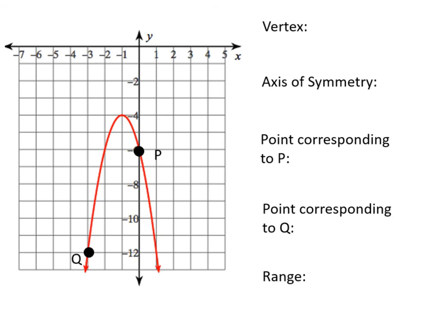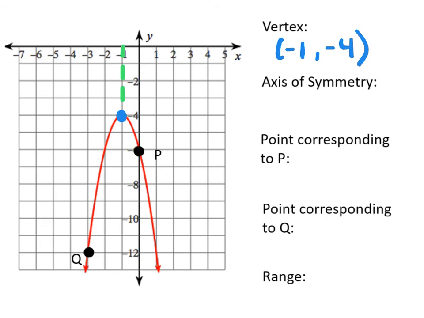For our next example, the vertex is the highest or lowest most point of the graph. So the vertex is this highest most point, and the ordered pair is -1, -4. The axis of symmetry is the line of reflection through the vertex.